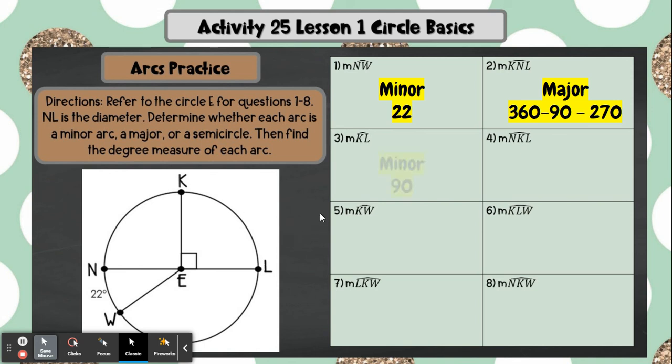KL, we just talked about it. It's 90, so it's a minor arc. We know NL is the diameter, so NKL all the way around is a semicircle, which is 180 degrees.